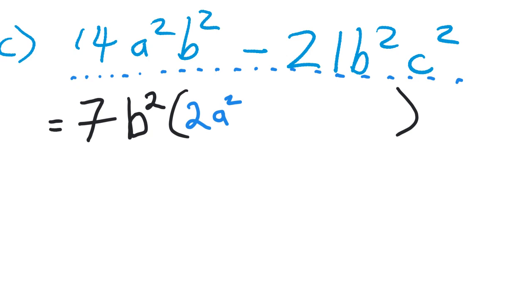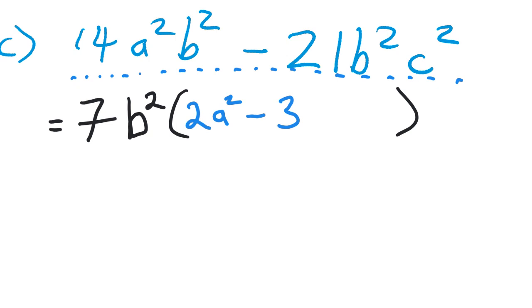And so now our next term is this, minus 21b squared c squared. So you'll notice we have minus 21. What we're going to do right now is bring down the minus sign. And then we look at 21 and we divide by 7. 21 divided by 7 gives us 3.